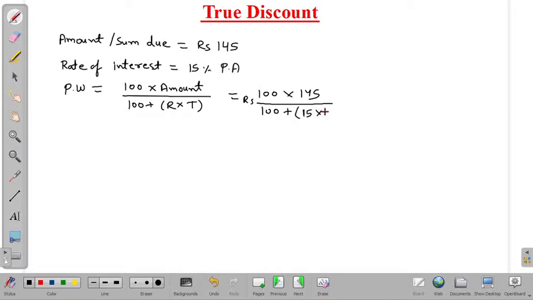So we consider only 3 years. 100 plus 15 into 3 gives 145, so present worth will be rupees 100. By paying 100 rupees, he can settle the entire loan.